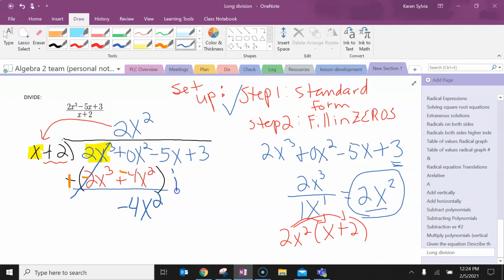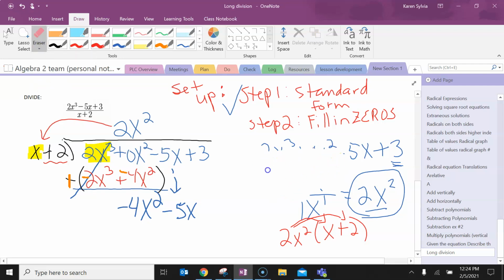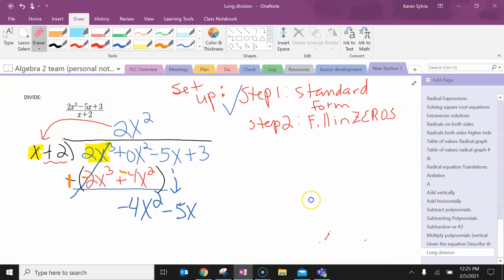Next step is to bring down the next piece, just like I brought down the next digit in the long division. And here I go again with the division process. What I want to do next is divide again. So I'm going to divide negative 4x squared by the x.